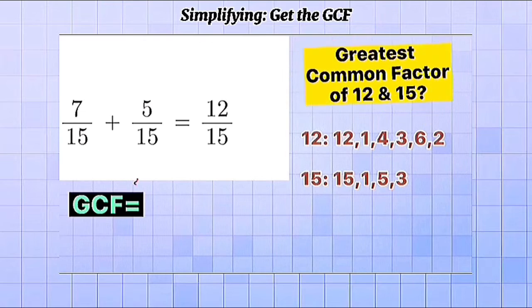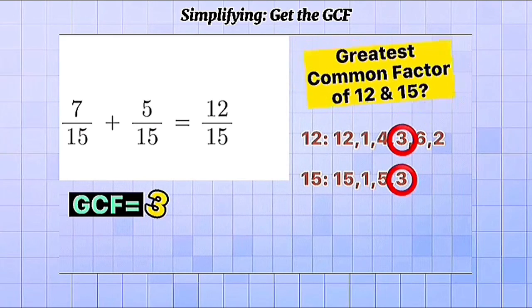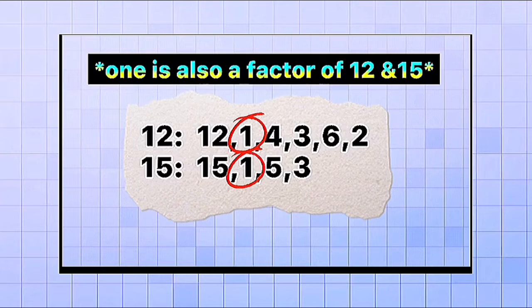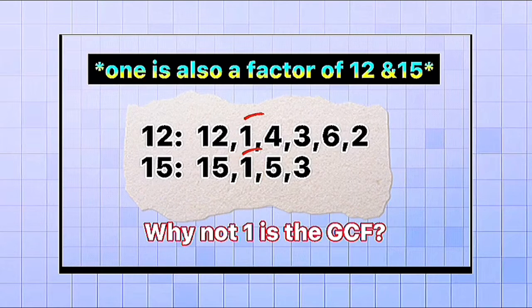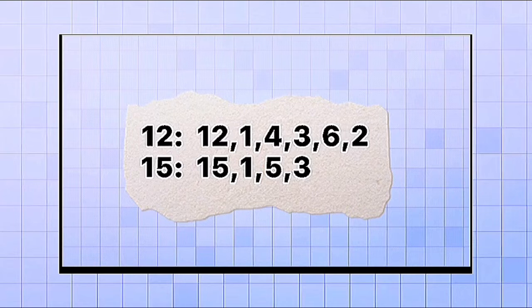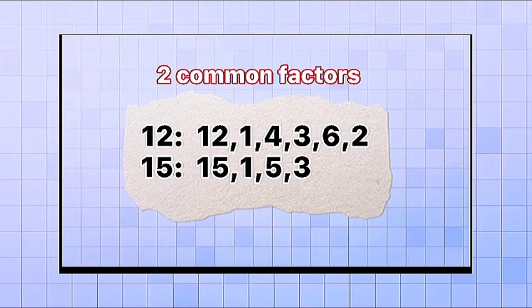Now, can you figure out what the GCF of 12 and 15 is? Yes, you're right. It's 3. Why? 1 is also a factor of 12 and 15. So why isn't 1 the GCF? Well, let me explain. If you have noticed, there are two common factors of 12 and 15.